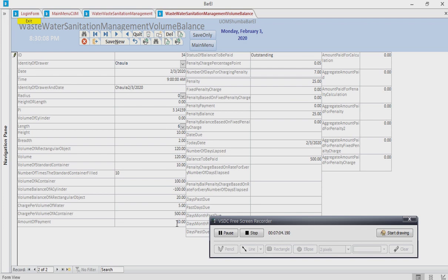let us say you have paid something like 100, the balance now is 400, and the penalty charge is 0 because you have paid something. That's for Gondwe.